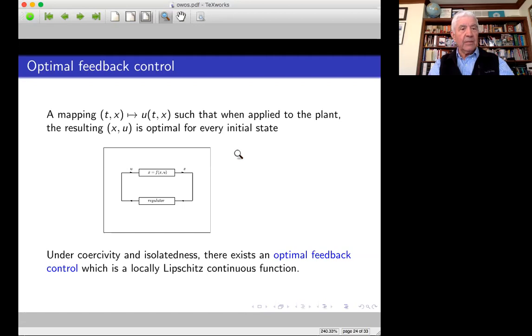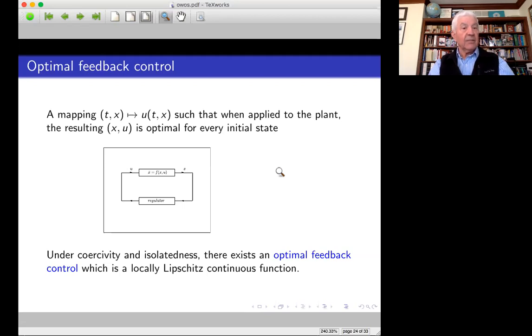We can show that there exists a mapping from t, x to the control u at t, x, such that when applied to the plant in this feedback configuration, it produces the optimal solution for every initial state. This is the holy grail of control theory, the optimal feedback, the stabilization feedback.